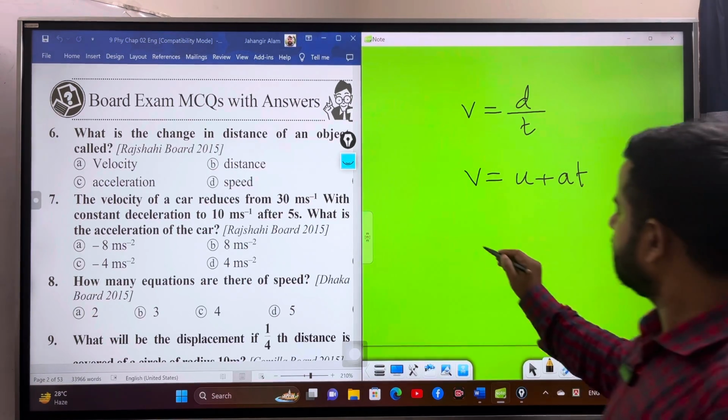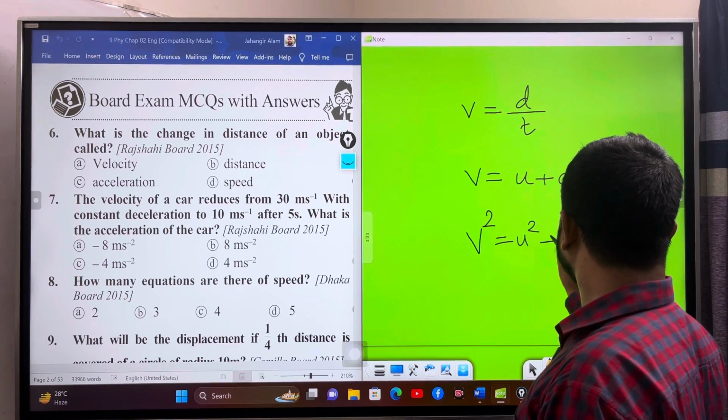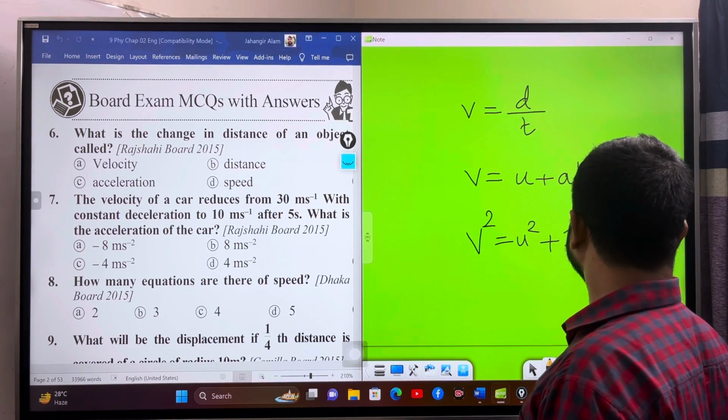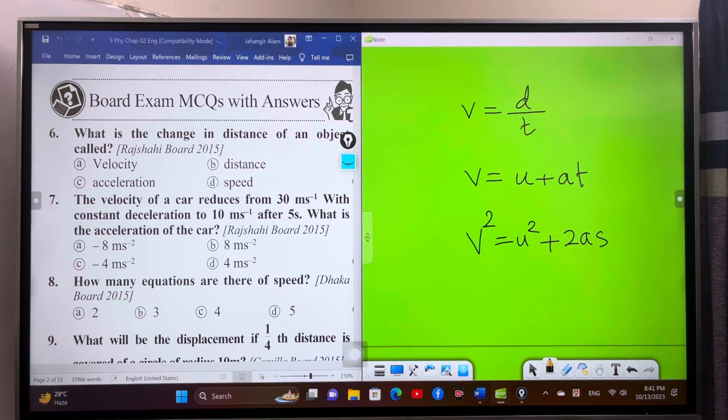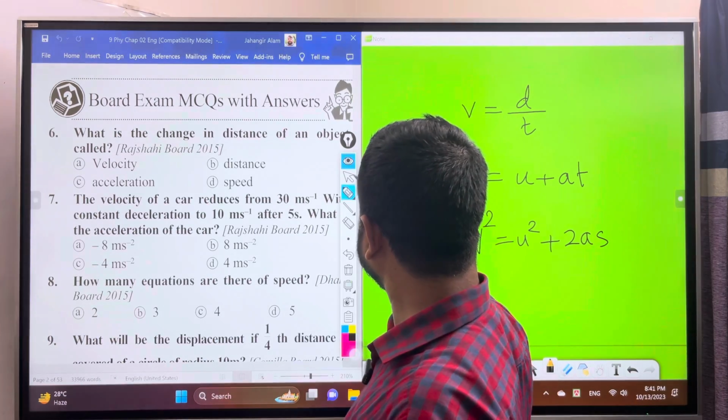Another formula, V square equals U square plus 2AS. So for speed calculation, there are three formulas. So the correct answer is three formulas.